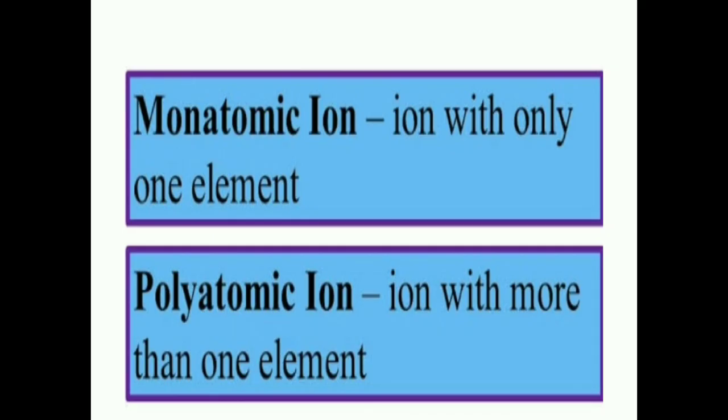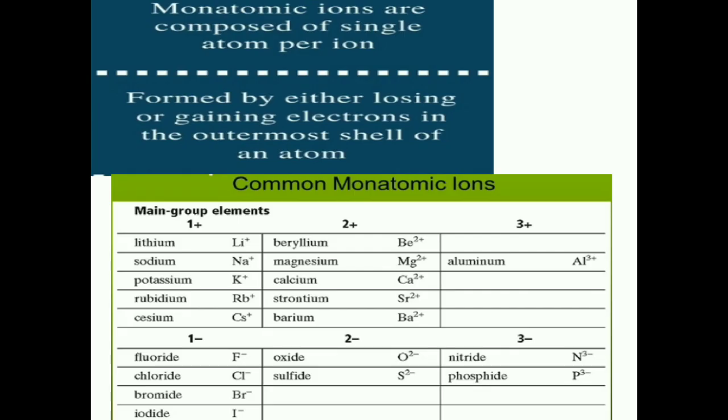Now, an ion may be monoatomic or polyatomic. A monoatomic ion is an ion with only one element, and a polyatomic ion is an ion with more than one element. Monoatomic ions are composed of a single atom per ion. Monoatomic ions are formed by either losing or gaining electrons in the outermost shell of an atom.